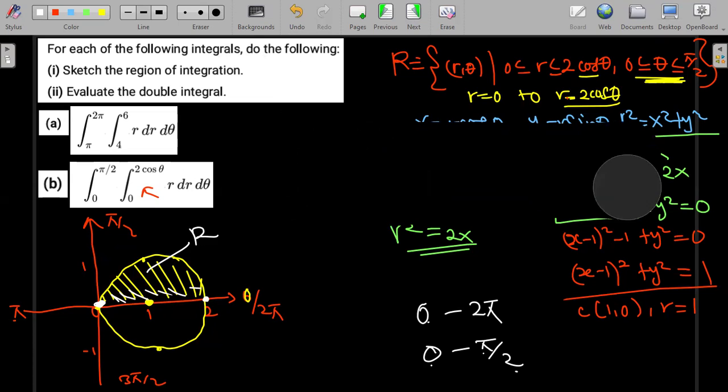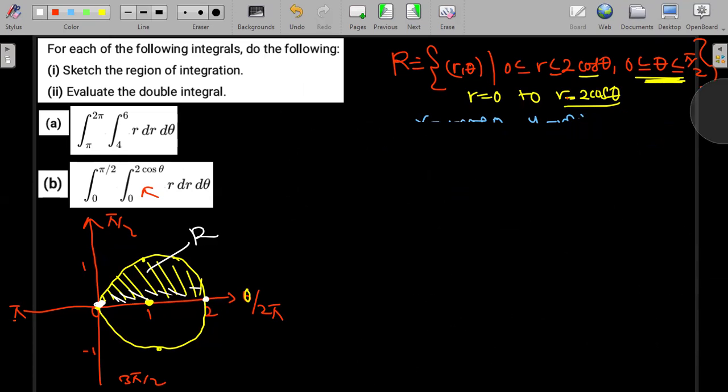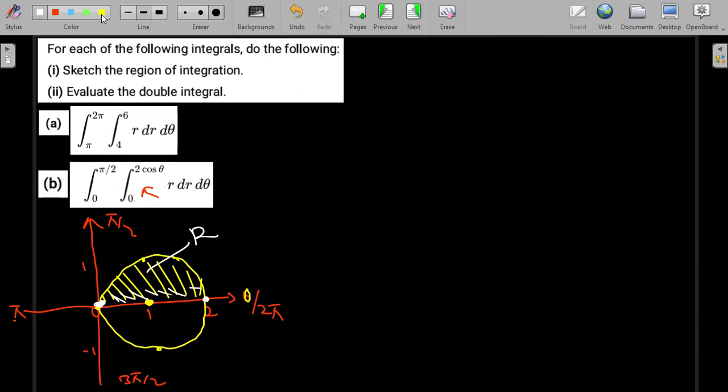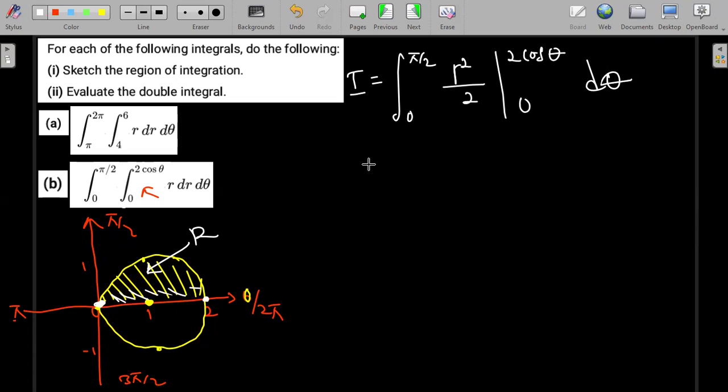So now let's try to evaluate the same integral over this region here. I'm going to say my integral is equal to the integral from 0 to pi over 2, and then I will evaluate the inside integral. So it will be r squared over 2, from 0 to 2 cos theta, d theta.